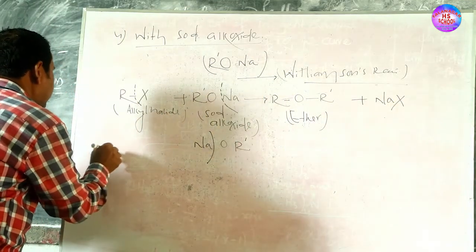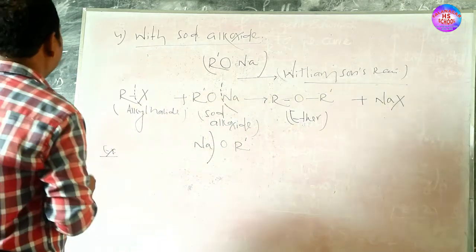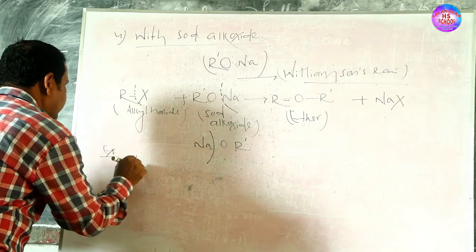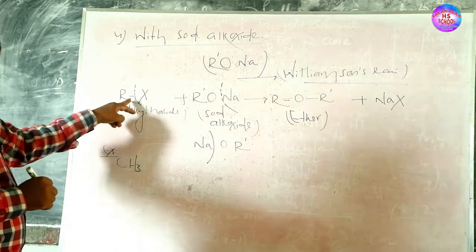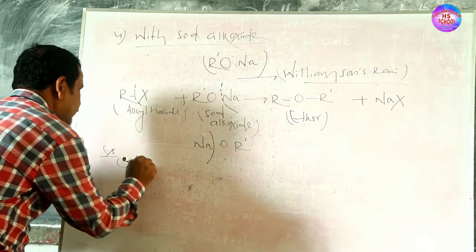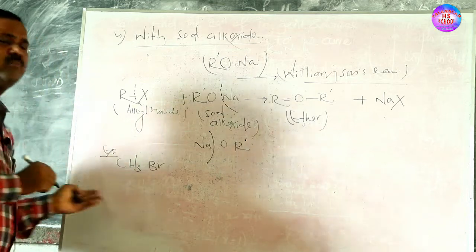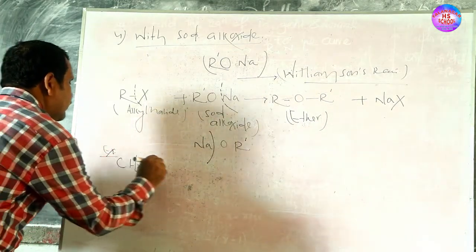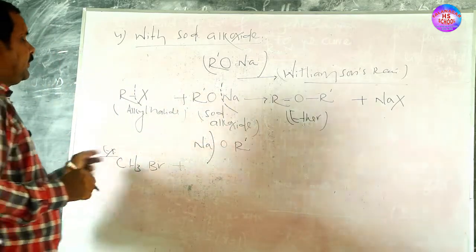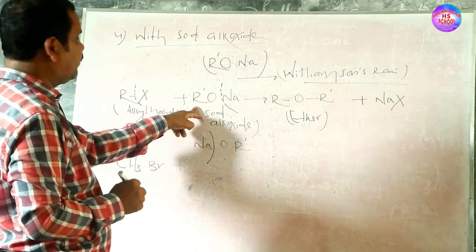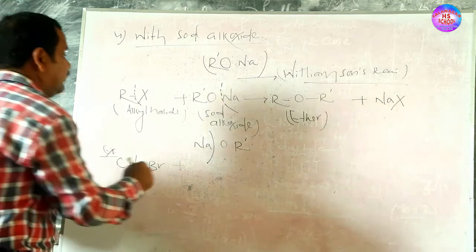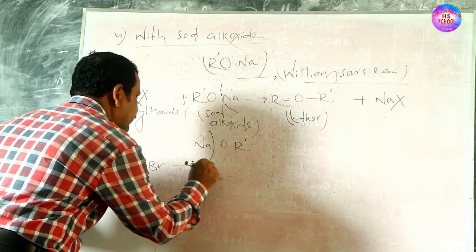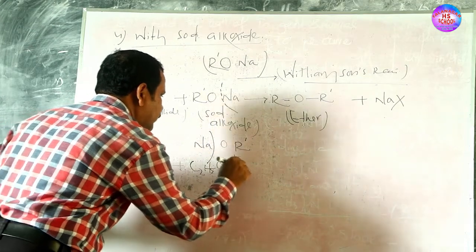Example. Suppose R equal to methyl group CH3, X equal to bromine, methyl bromide or bromomethane. This bromomethane reacts with, suppose R' equal to ethyl group, C2H5ONa.